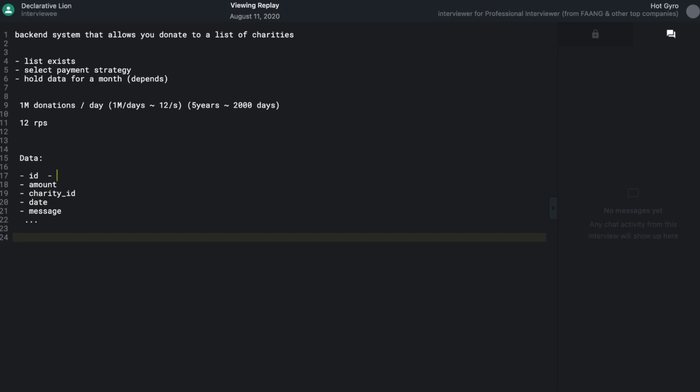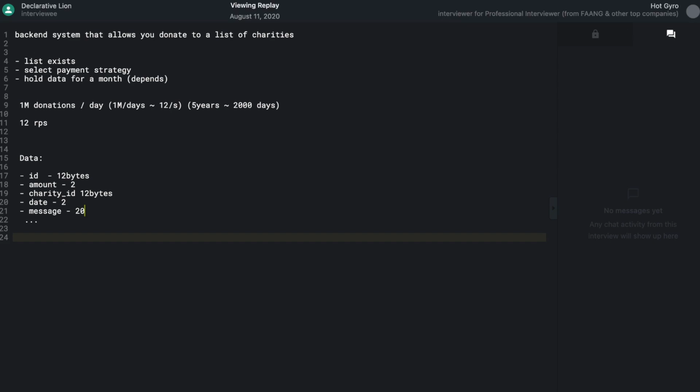Let's say for the ID we would have something around 12 bytes, like 6 characters, or more. For the amount, let's say 2. For the charity ID, let's say it will also be 12. For the message, it could be big, right? So let's say 12 to 20 bytes.